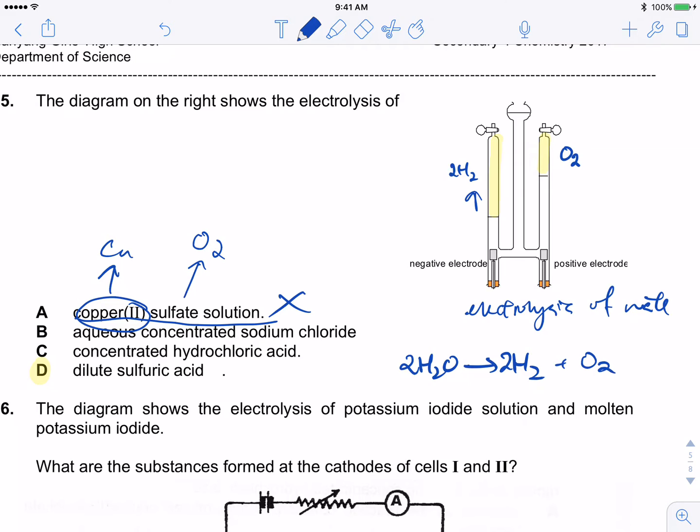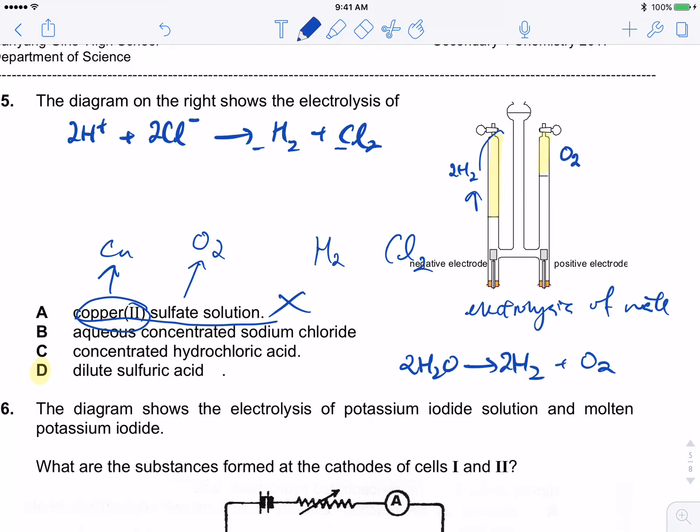Okay, second question, concentrated sodium chloride will have H2 gas coming out and Cl2 coming out. If we write the overall equation, you should see that it is, okay, and you see that they have the same ratio.